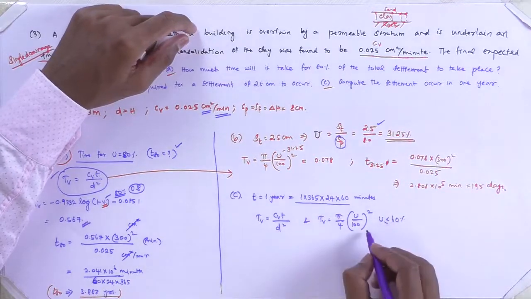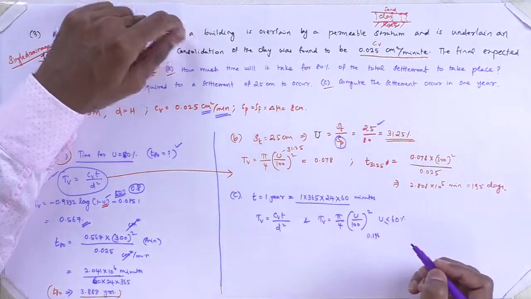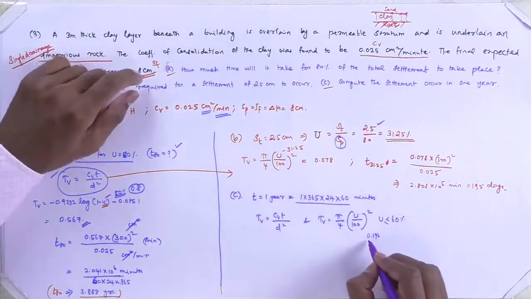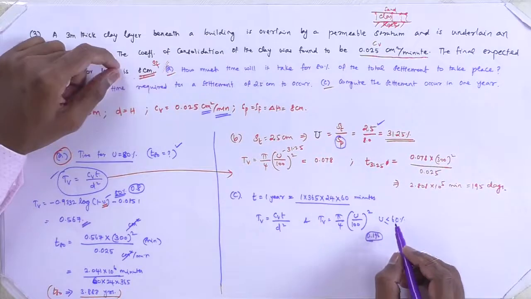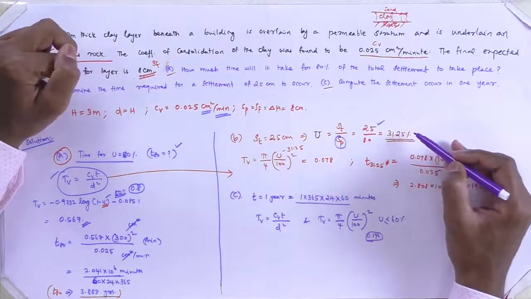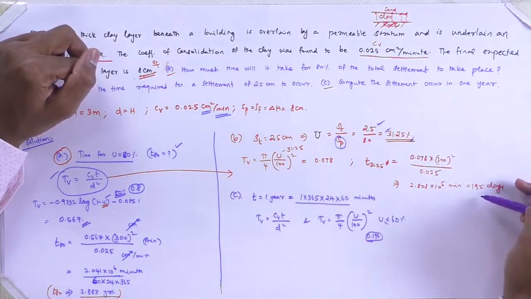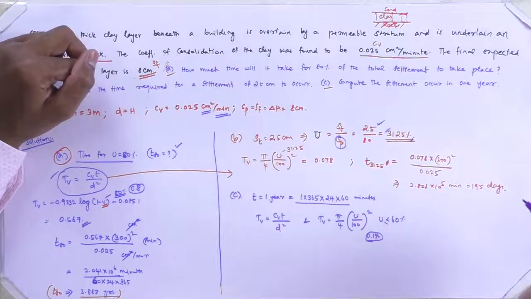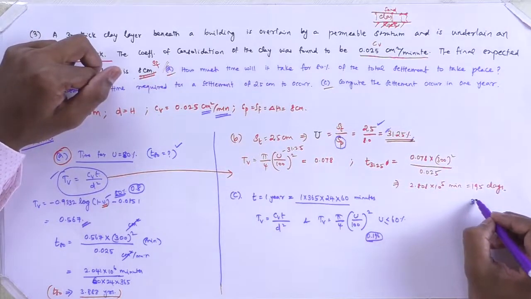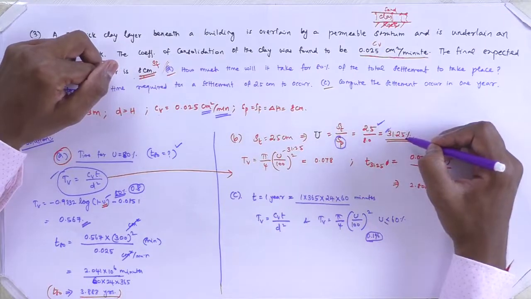We get the value of around 0.196 for 50% of consolidation. Previously, for about 31.25%, about 30%, we got 195 days, so for 1 year, which means just 365 days, it may not reach 60%. So I can use this formula.